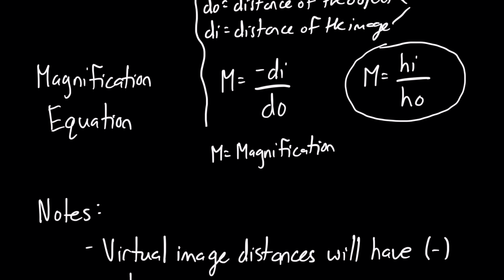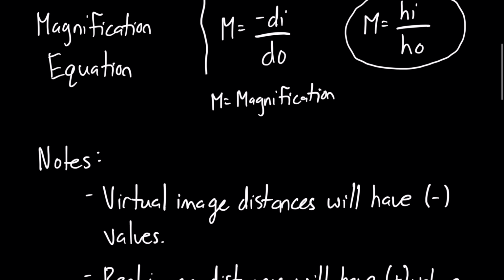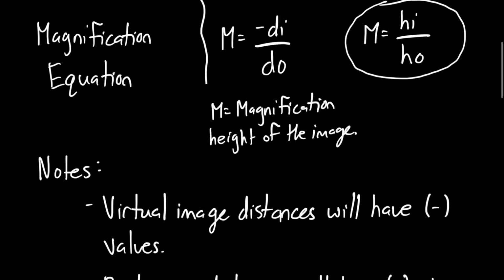What hi stands for is the height of the image, and that would be from the principal axis to the top of the image.